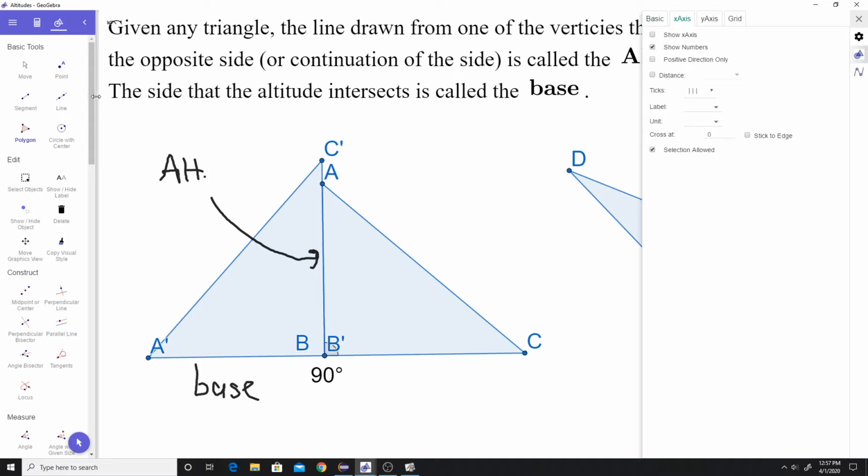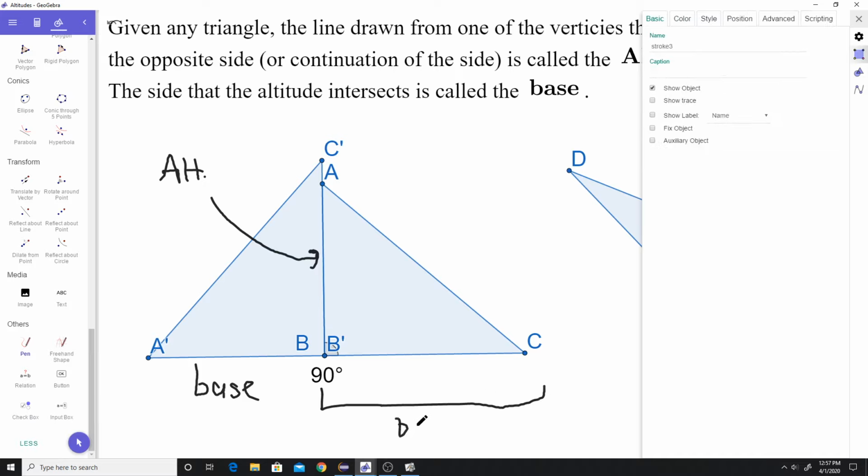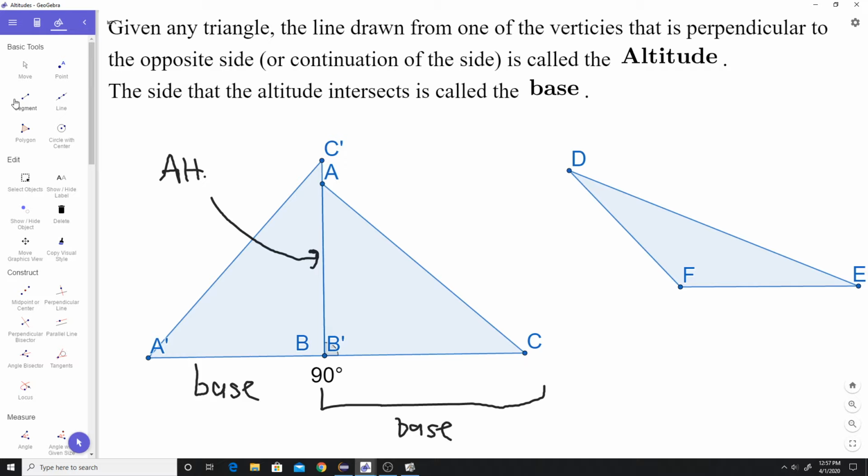Now, even though they have the same dimensions, we said that AB was the altitude and BC was the base. But now, if we just think of it in a different way, we could have said CB was the altitude and AB was the base. Again, it really doesn't matter too much as long as you understand the height or the altitude is forming a 90-degree angle with the side it's intersecting.